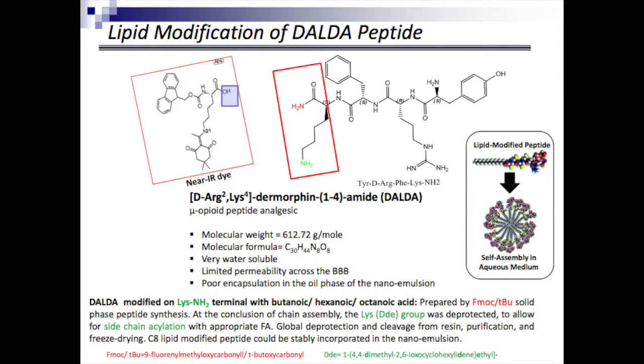After we made the modifications of this peptide, we also attached an NIR dye to the other nitrogen present in this molecule. In this case, this nitrogen is critical for activity, but we attached an NIR dye in order to make derivatives so that we can do whole body NIR imaging to show that we are able to get high levels of the peptide in the brain.